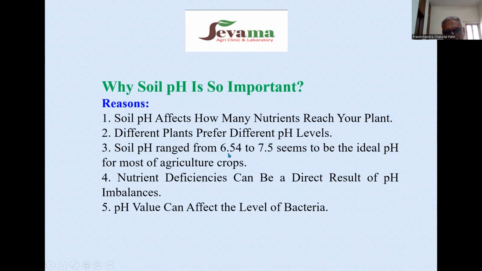Soil pH range from 6.5 to 7.5 seems to be the ideal pH for most agriculture crops. Nutrient deficiency can be a direct result of pH imbalances. pH value can affect the level of bacteria.